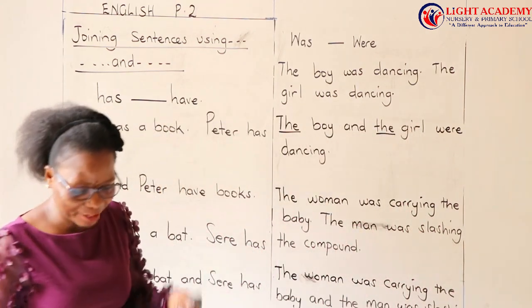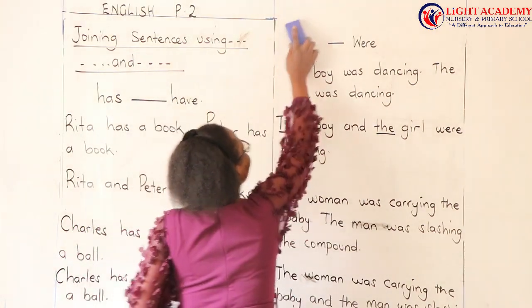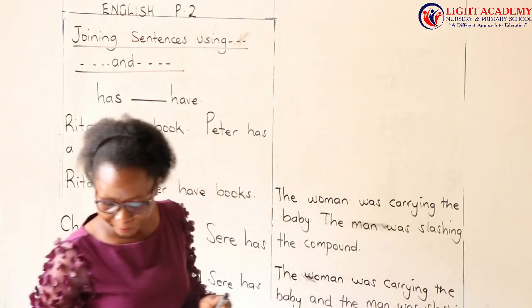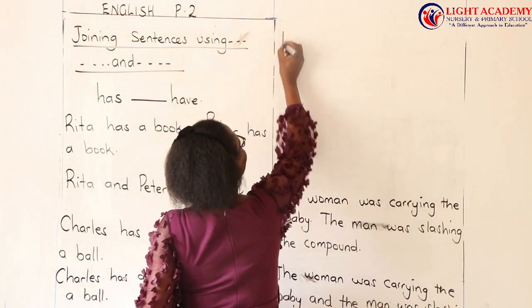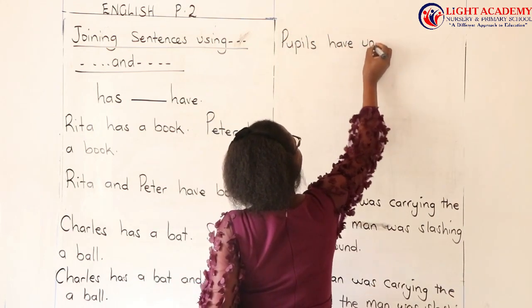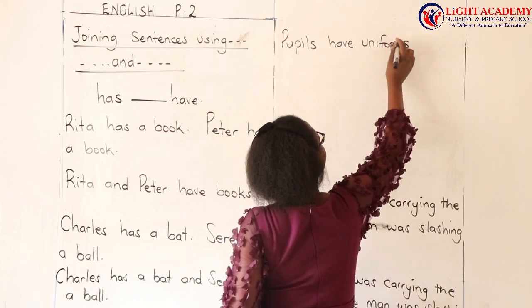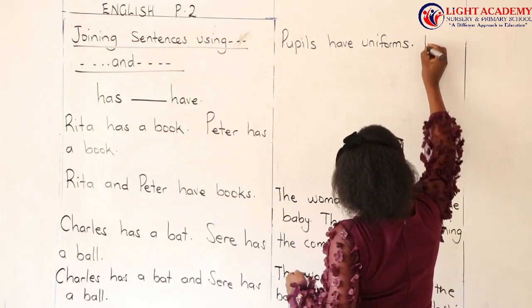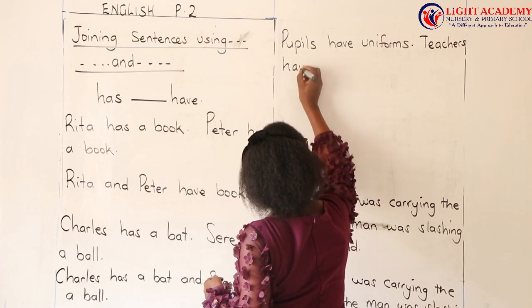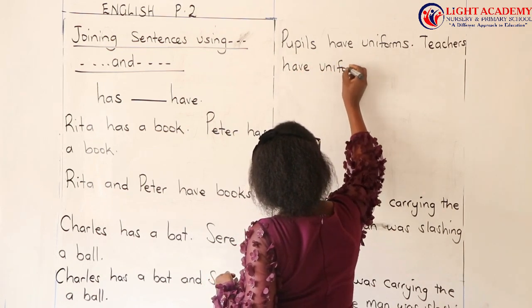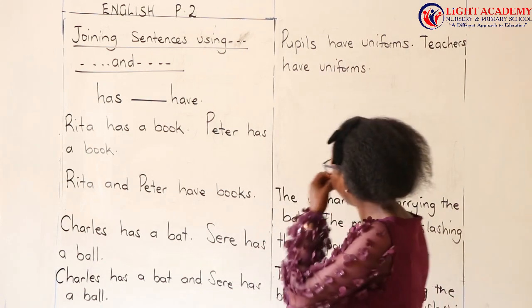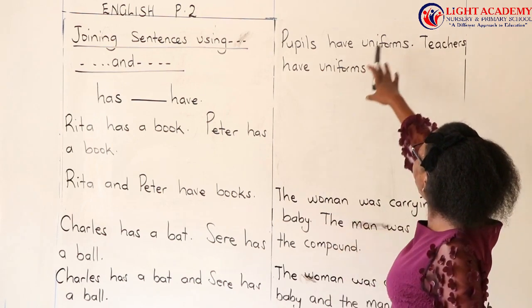I have another example now. We are going to do it together. Pupils have uniforms. Full stop. Teachers have uniforms. Pupils have uniforms.